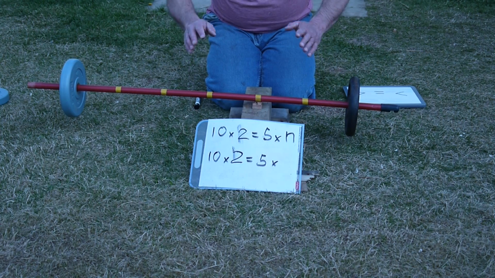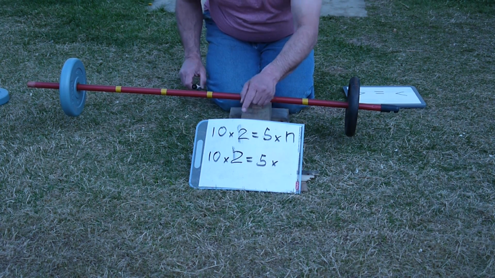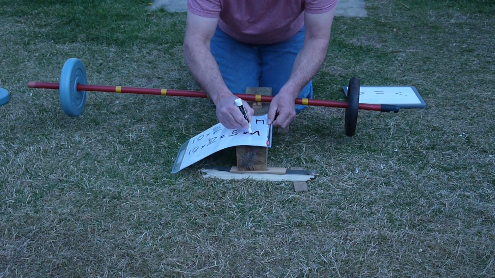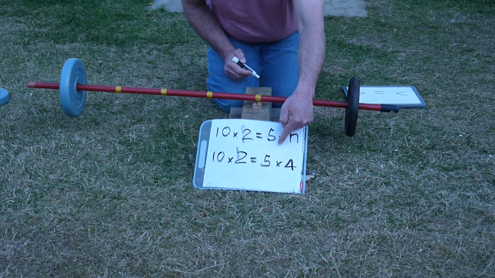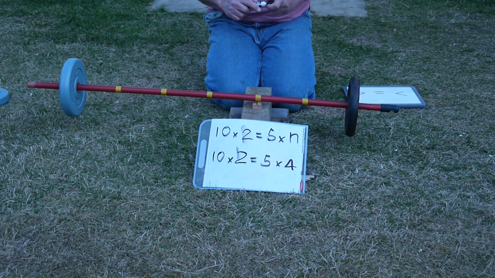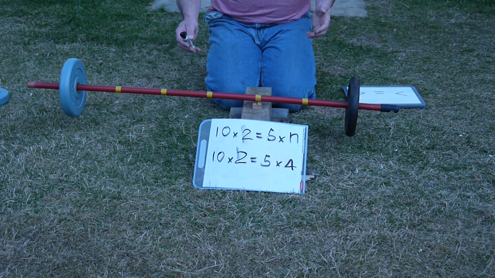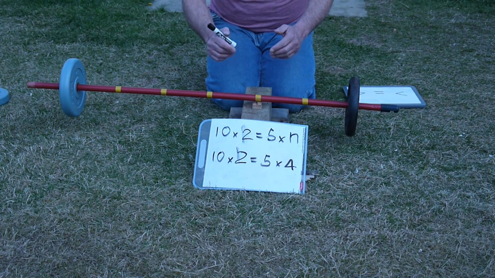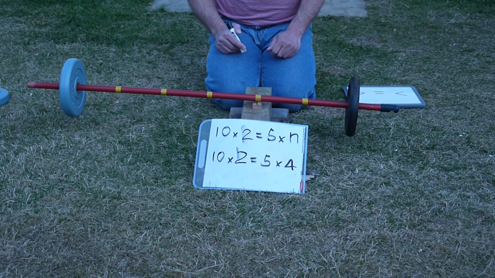So again, by experiment, we've proved what we can do on paper. 4 times 5 is 20. 2 times 10 is 20. That's where it's all going. These are equations which allow us to do many things.